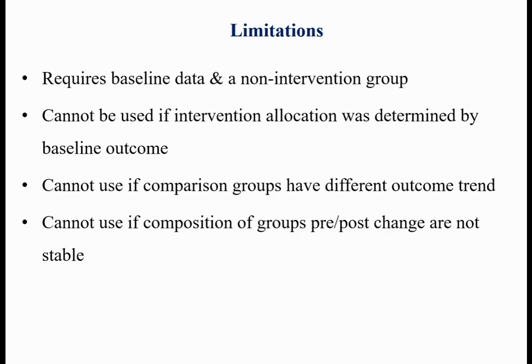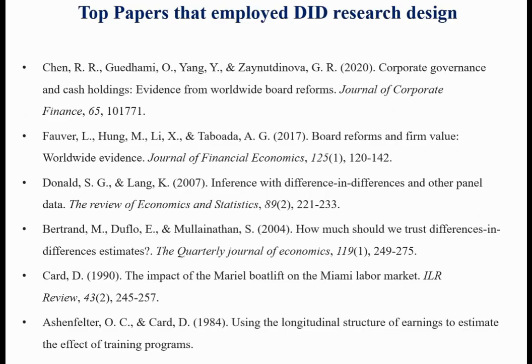These are some of the papers, as I mentioned before the presentation, top papers that have employed the DID research design. So you can look out for these papers and then read more. Even from the current year, we have papers in 2021 that have used the DID research design, but I just chose a few of them. So the 2020 paper by Chen et al., Corporate Governance and Cash Holdings, was published in the Journal of Corporate Finance, and the authors use what?